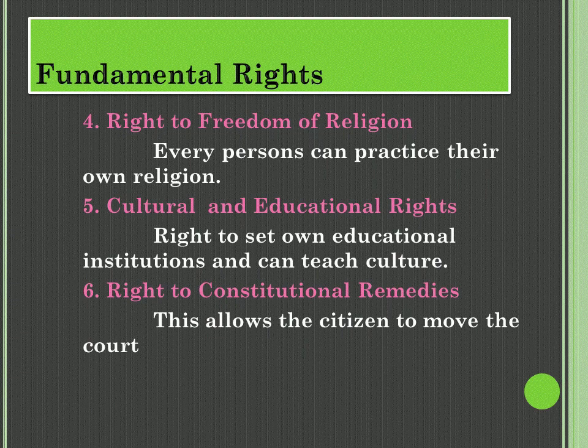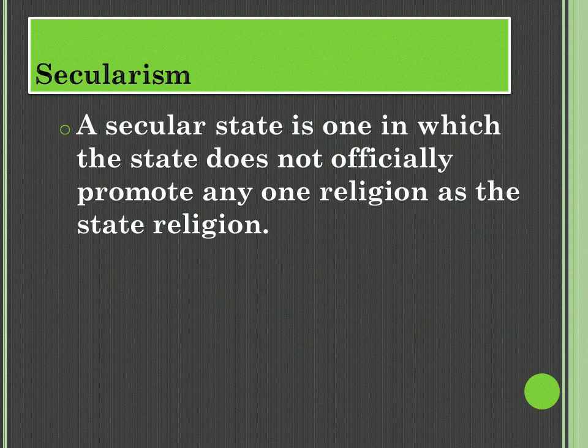This allows the citizen to move the court in various aspects. Secularism. A secular state is one in which the state does not officially promote any one religion as the state religion. So, in our India, we don't have any state religion.